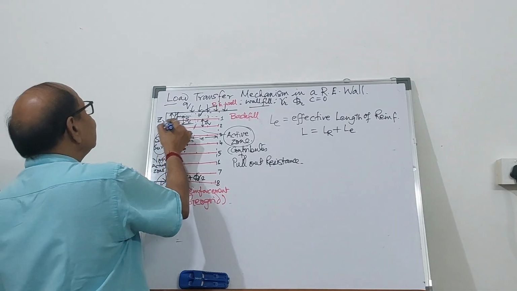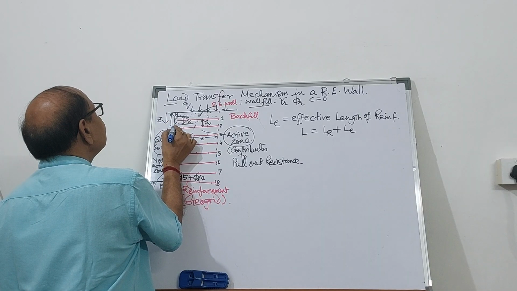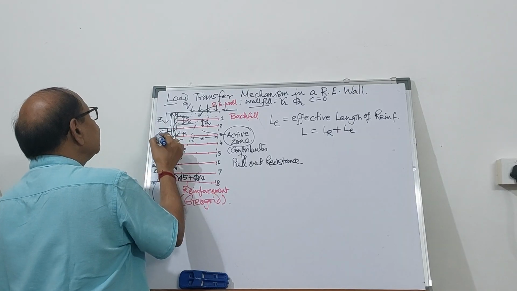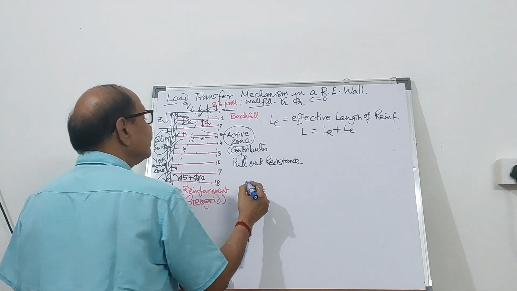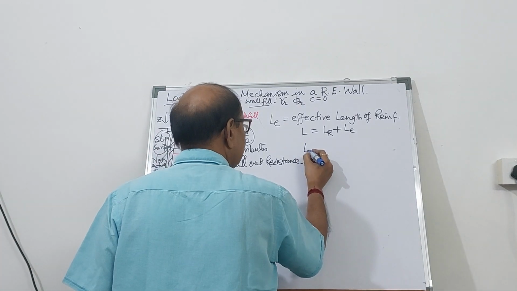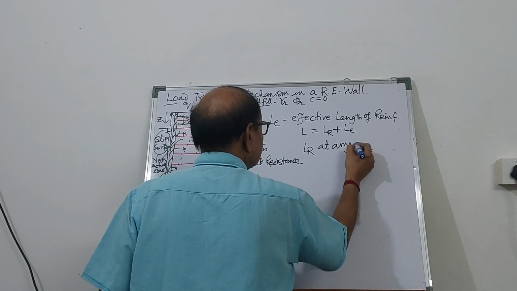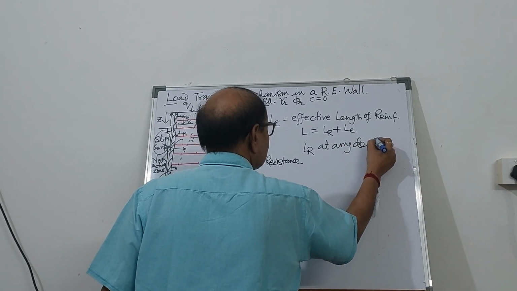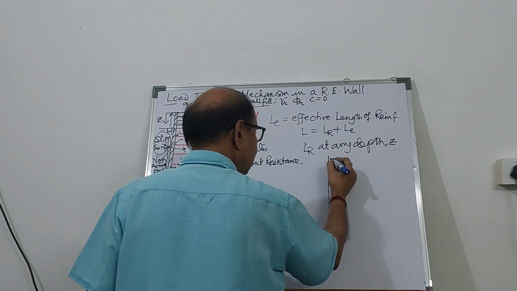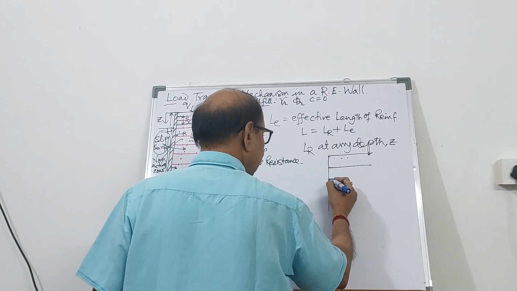So at any depth Z, say at this depth, the remaining height is H minus Z. So LR you can calculate, LR at any depth Z. There is the wall, there is the fill, there is the reinforcement.